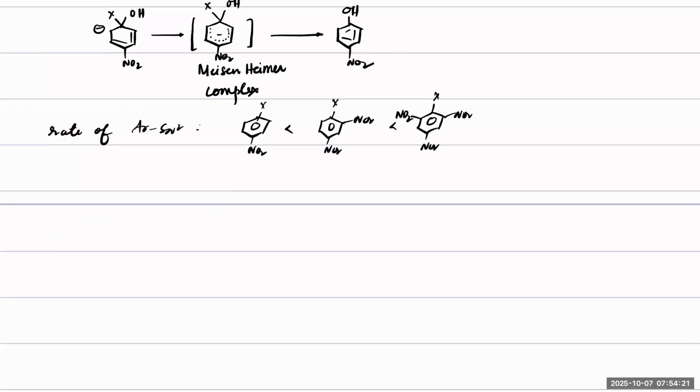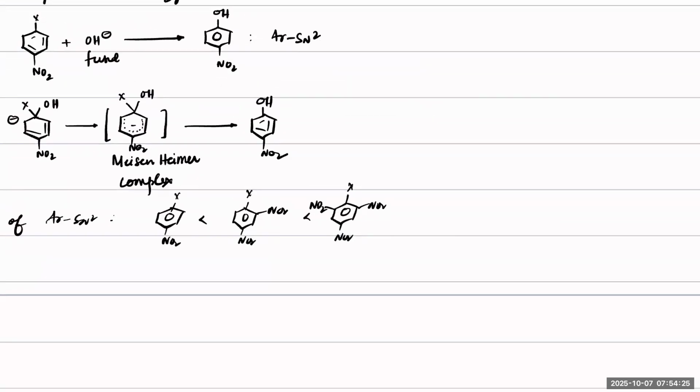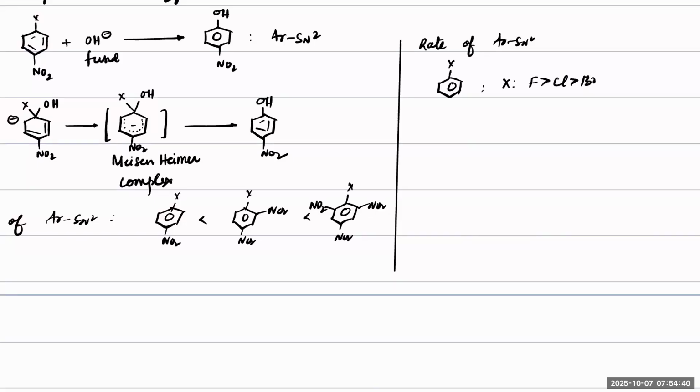Done. Within the halogens, if you compare the rate of ArSN2, then fluorine is greater than chlorine, bromine, and iodine, because fluorine can stabilize the negative charge much better. So that's why fluorides will be making a better reaction here.